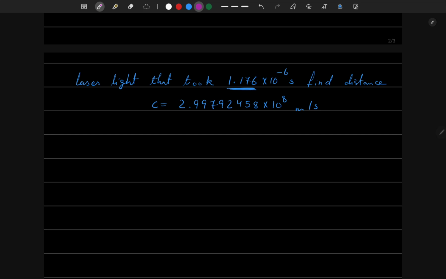Whenever I'm doing the answer, we know that speed equals distance over time, and so distance equals speed multiplied by time.